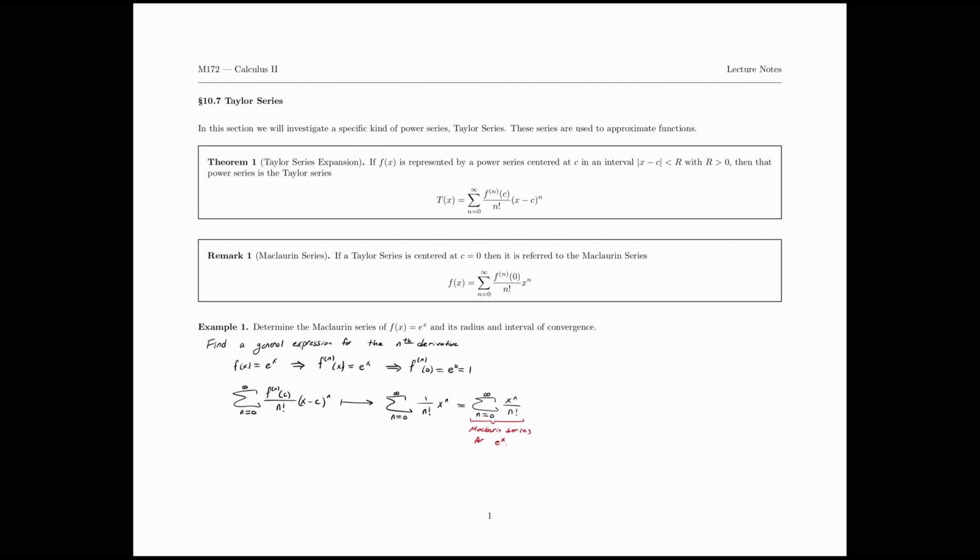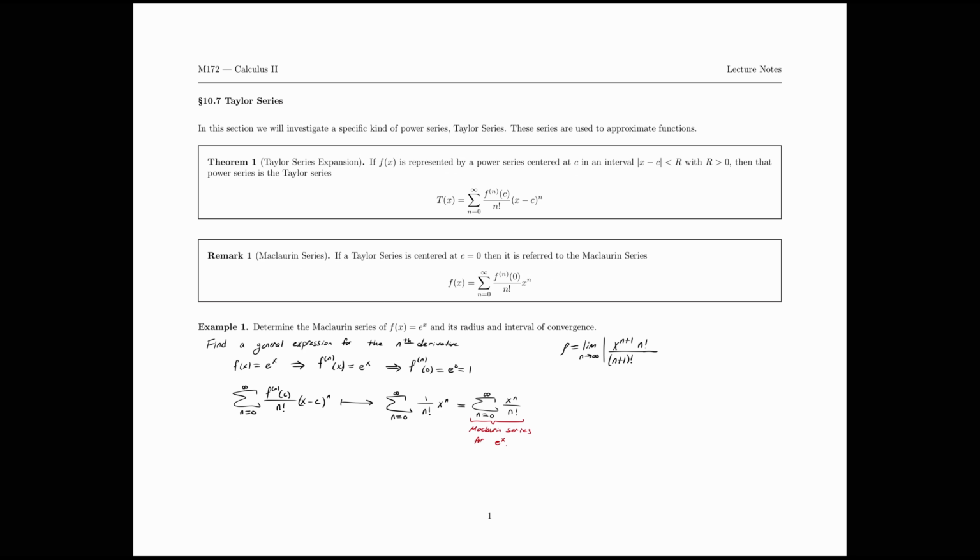So for the radius of convergence, we will examine the limit as n goes to infinity. We're essentially performing the ratio test. The absolute value of a sub n plus 1 over a sub n. So a sub n plus 1 is x to the n plus 1 over n plus 1 factorial. And if we divide by a sub n, we're going to flip and multiply.